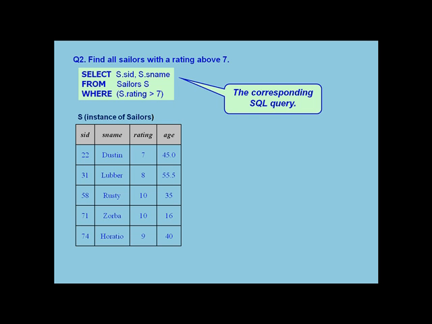Select s.sid, s.sname from sailors S where S.rating more than 7. The corresponding SQL query. There is a select statement with condition. Now we need to select from the sailors all rows satisfying this condition.